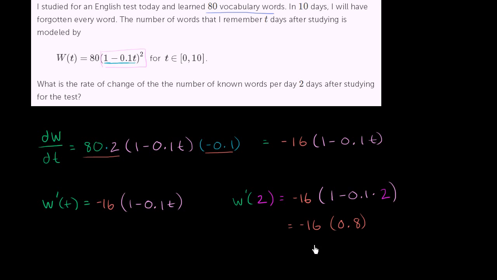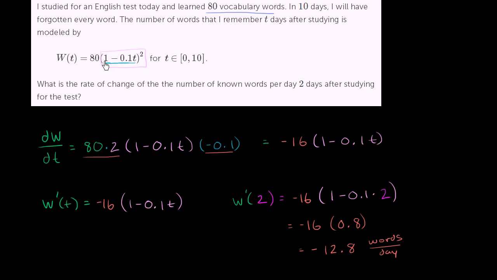If I were to multiply 16 times 8, it would be 128. It's 2 times 8 times 8, so 2 times 64, 128. So this is going to be negative 12.8. And just to really hit the point home, the rate of change is negative 12.8 words per day.